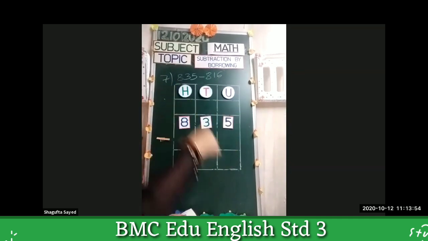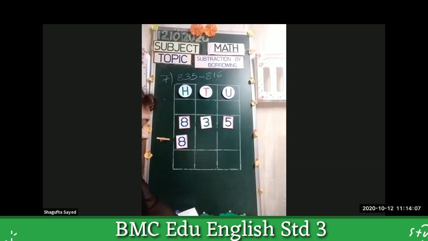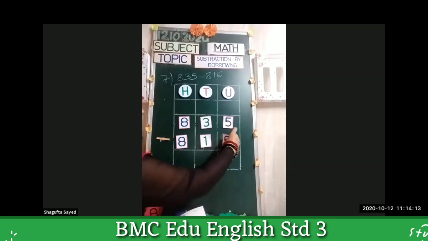Minus sign. Again 8 is there. Which place is 8 at? 100 place. 1 is at which place? Tell me fast. Yes, absolutely correct. 6 is at which place? Unit place. That's very good.